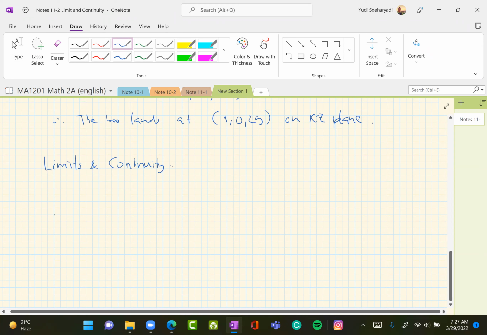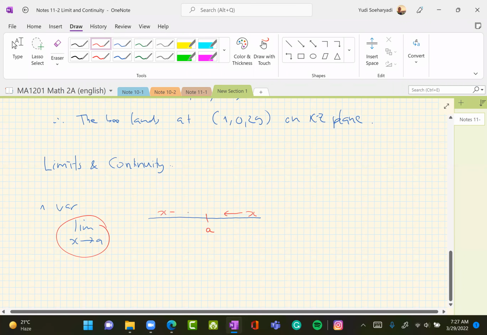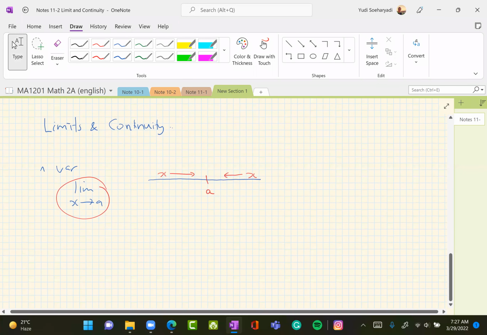The main difference is that if you have one variable and you have this limit, that means you have a point A, and x approaches A. You only have two approaches basically, two directions: from the left, getting closer to A, or from the right, getting closer to A.